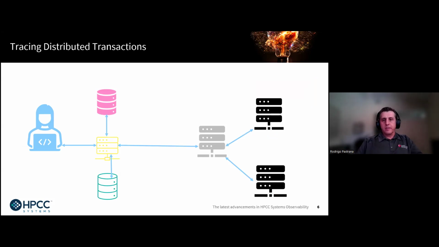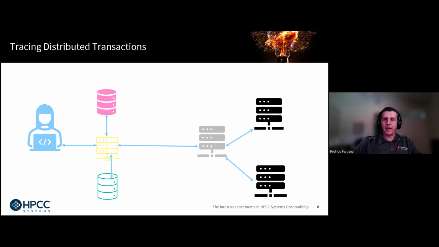Tracing of transactions is especially powerful in complex and distributed systems, which is fairly standard these days. Let's take this sample system where a transaction can be initiated by a client, then received by a front-end server, which makes a database lookup to authenticate and authorize the request.